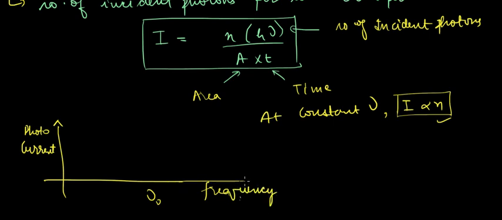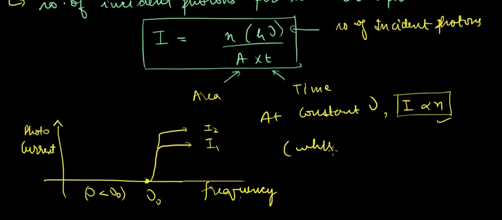Okay, so till this point, when nu is less than nu naught, there will be no photocurrent. Then photocurrent would gradually increase to a point where you can have distinction between I1 and I2.